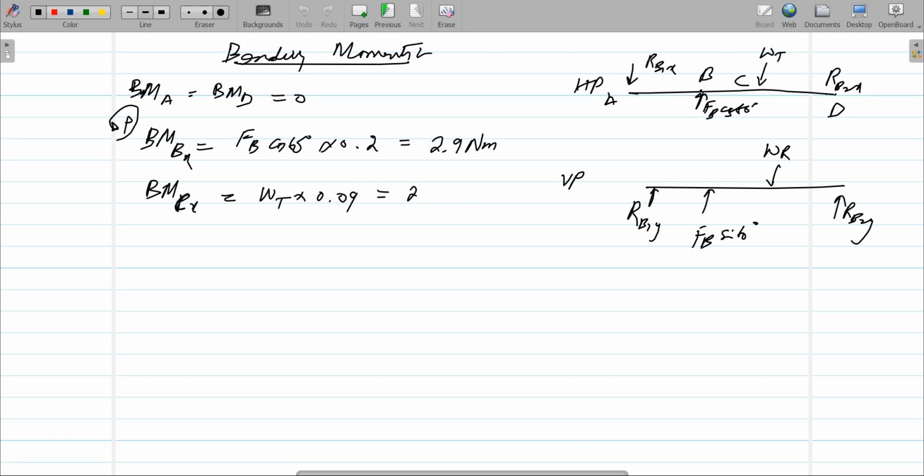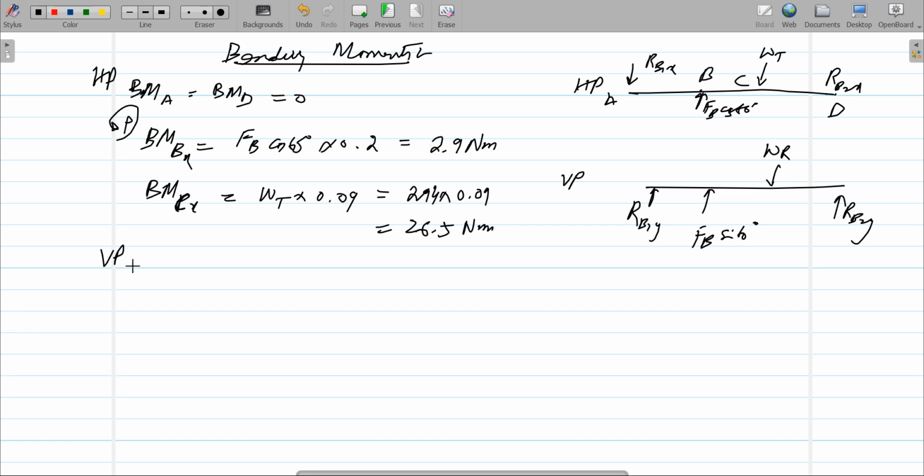So Wt is 294 into 0.09. Just to verify, using the calculator again, 294 into 0.09 is 26.5 Newton meter. This is for the horizontal plane.